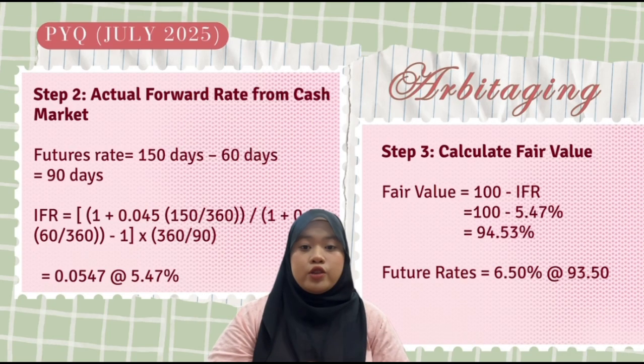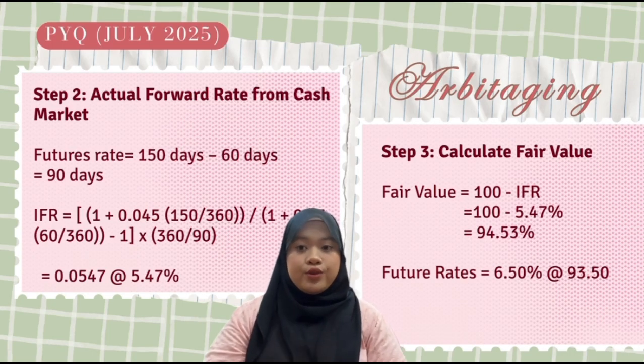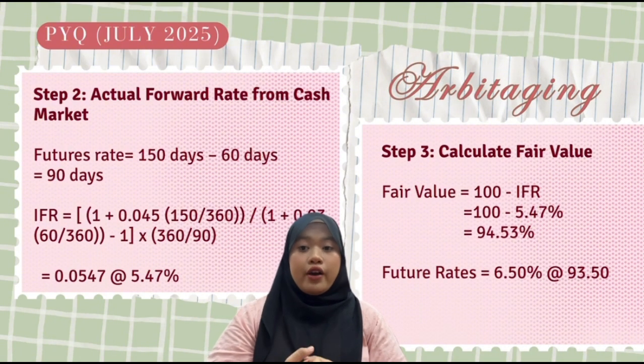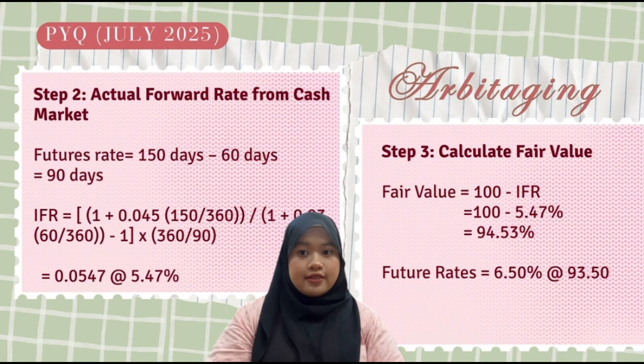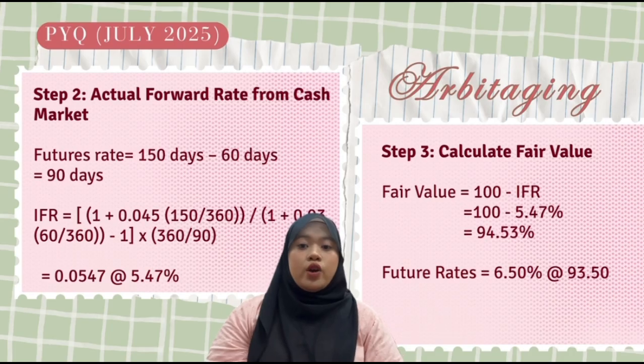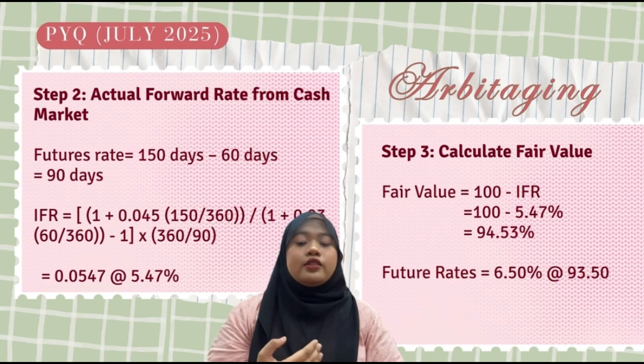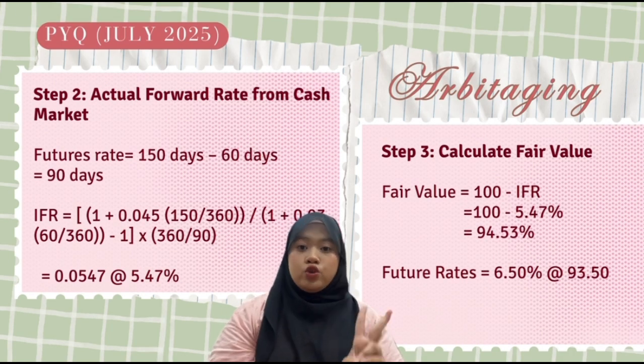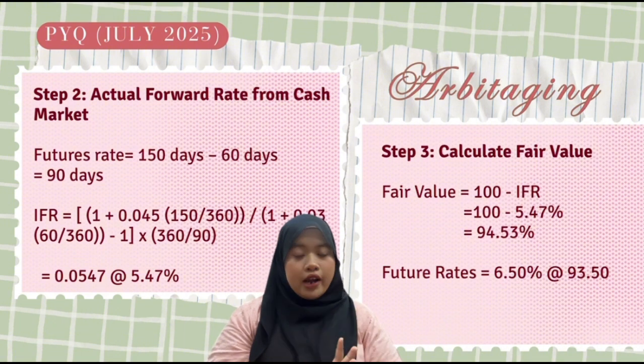And then we times 360 divided by 90, so we will get the answer, which is 5.47%.